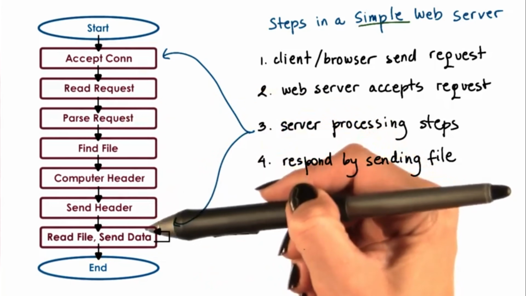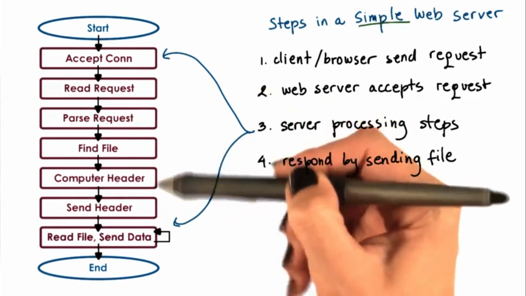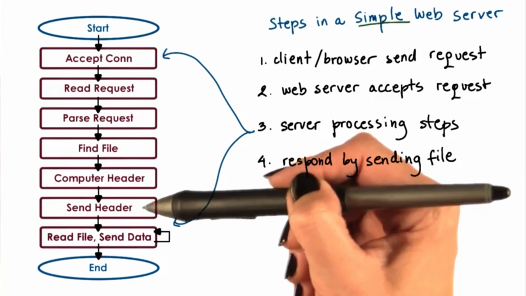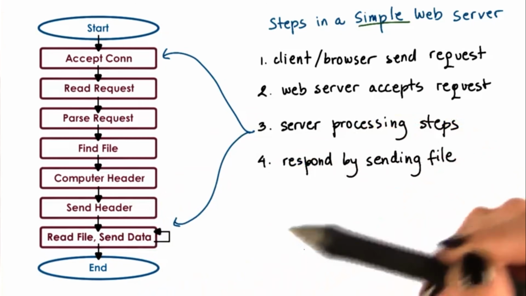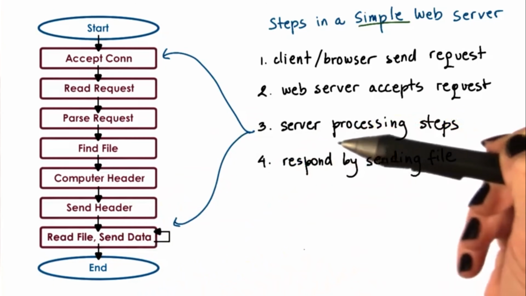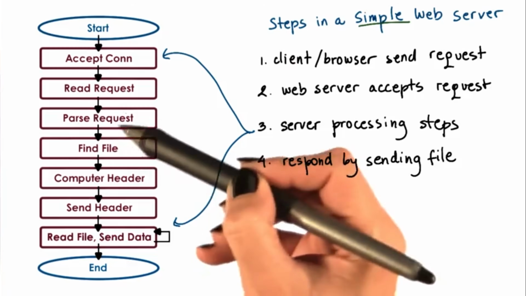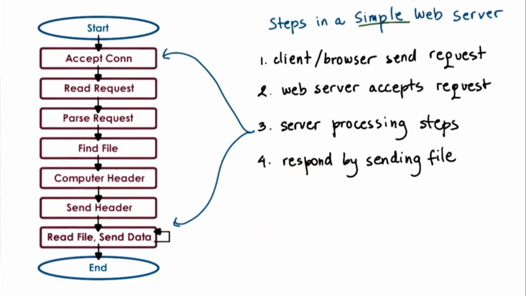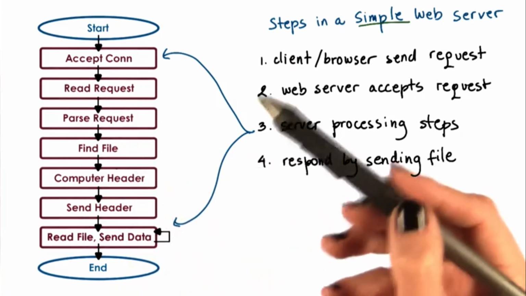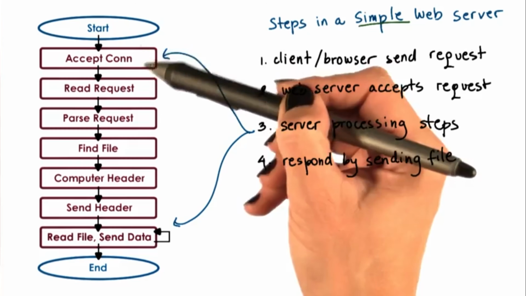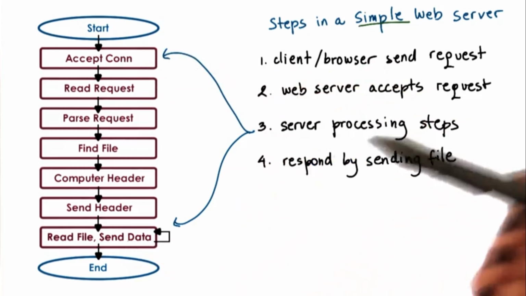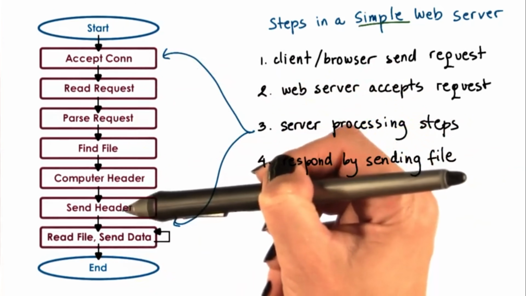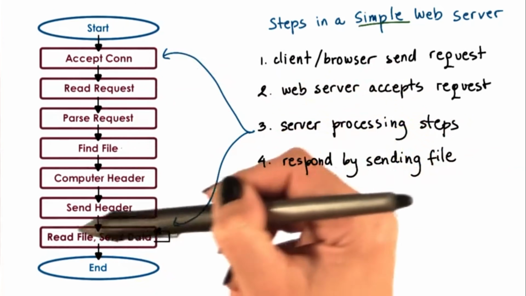One of the things that's worth pointing out is that there are some differences among these steps. Some of them are more computationally intensive, so mostly the work is done by the CPU. For instance, parsing the request or computing the header is mostly done by the CPU. Other steps may require some interaction with the network, like accepting a connection, reading the request, or sending the data, or the disk, for instance, when finding the file and then reading the file from disk.